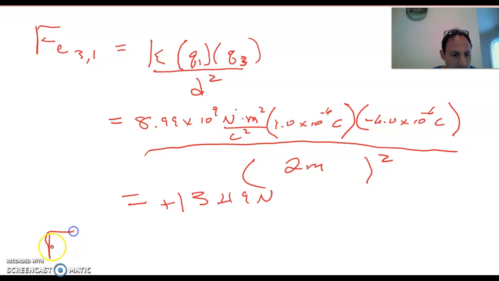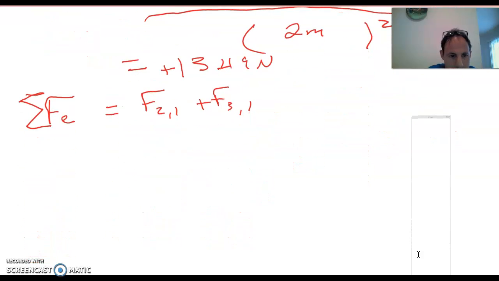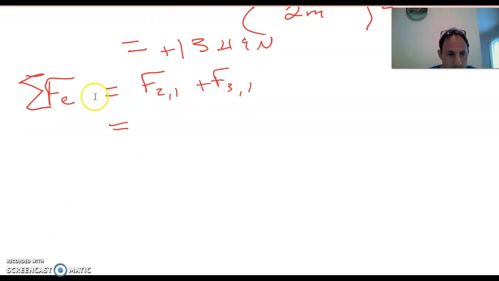So now the total force, and maybe we'll just call it net force, is going to be the force of charge 2 on charge 1 plus the force of charge 3 on charge 1. So what do we have? We have negative 11.99 newtons plus 13.49 newtons.